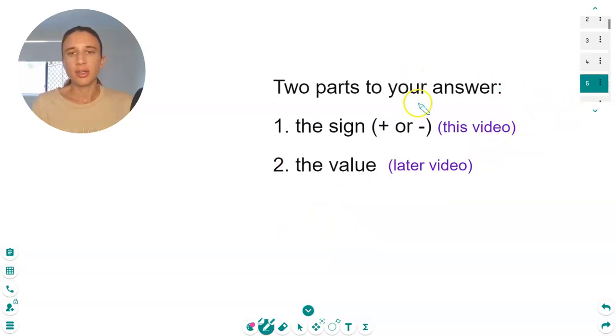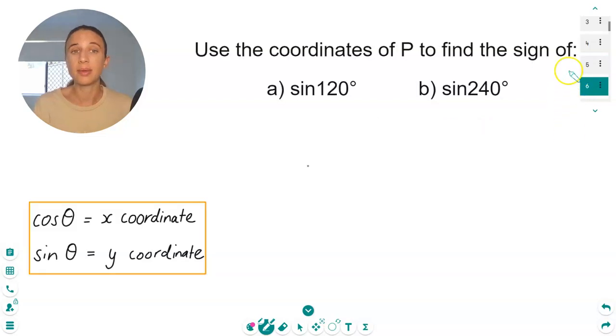Now, looking at this, when we're working with unit circles, there's going to be 2 parts to our answer. So in this video, we're focusing on the sign, so whether our answer is positive or negative. And in a later video, actually, we're going to look at the value. But I just really want you to get to know what the sign of our answer will be and how to find that and understanding that.